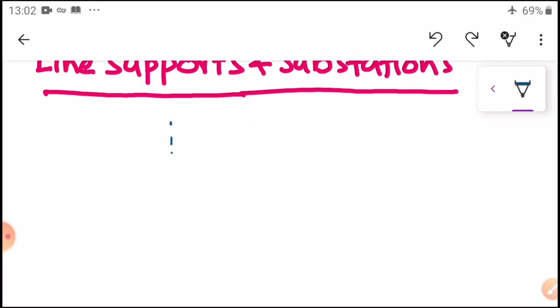Take a straight line. Then take the foot area, so based on the area you take it. Assume some suitable length here and draw the cross lines.